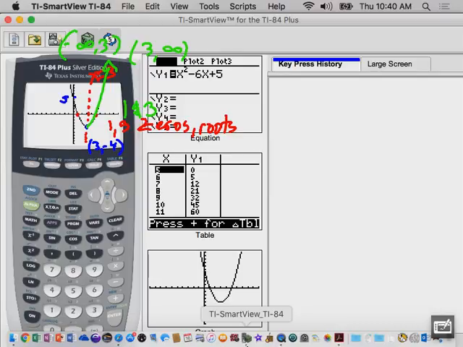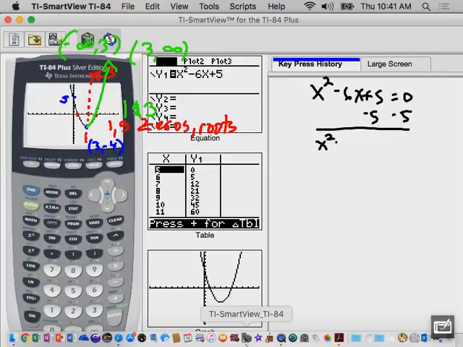All right, one last thing I'm going to show you. This is a little beyond the scope of this course, but I just want to show you how it all kind of comes together. This is something that you would do in Algebra 2. I want to show you that there is an equivalent form, the vertex form, that matches the graph perfectly. I would subtract the 5. I'm going to do completing the square. You had a question on your work the other day that said something like, using completing the square, find the value of c. This was it. You want to half the negative 6, which is negative 3, and square.